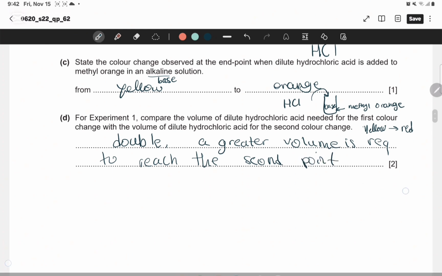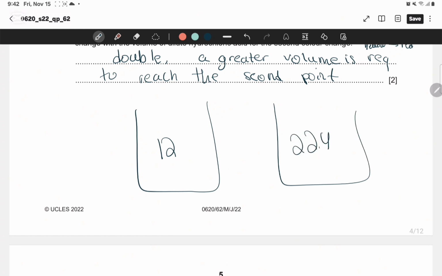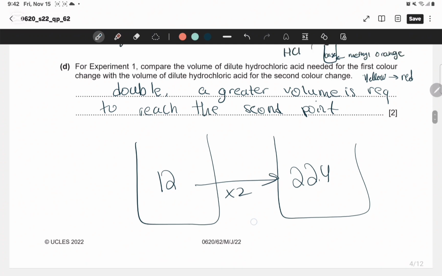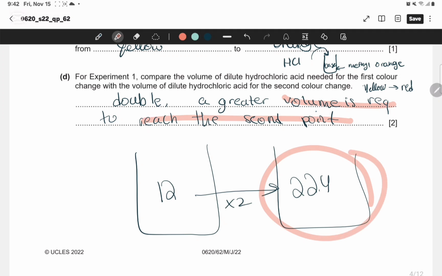Let me explain why. Because look, first it was 12 and then it became 22.4. They added more. So from this to that, it's almost double, right? And because it's double, we're gonna need a greater volume to reach the second point, which is here, right?